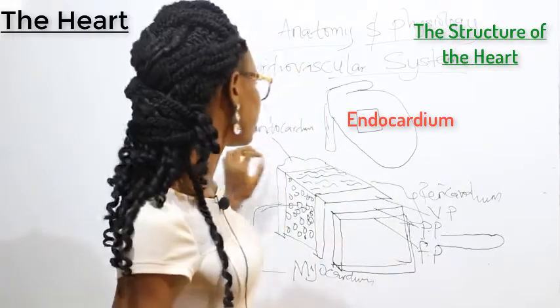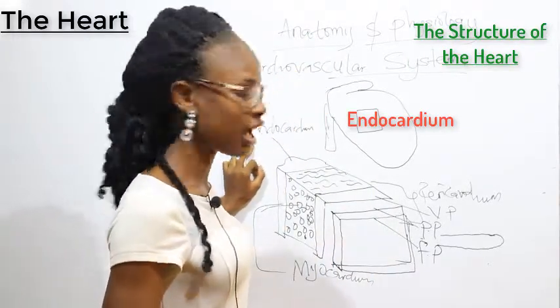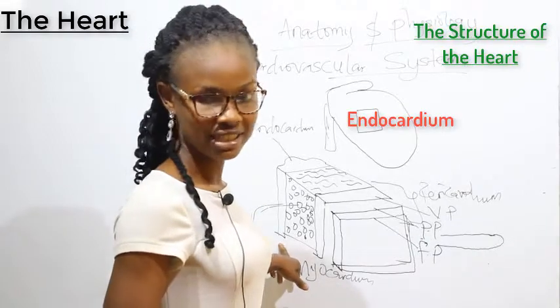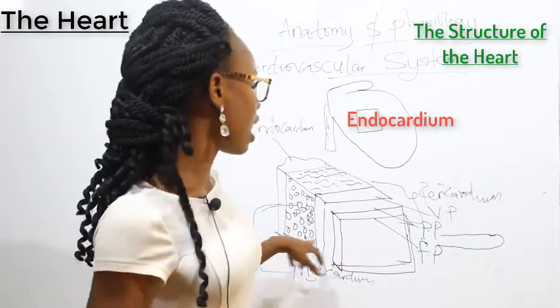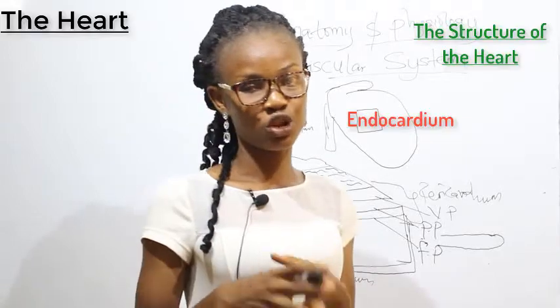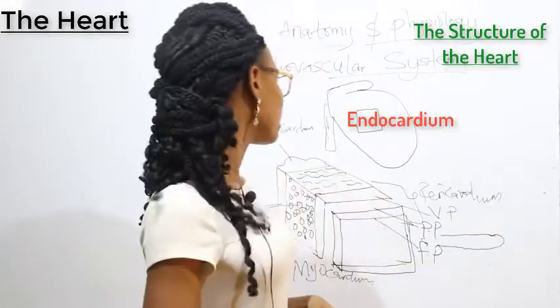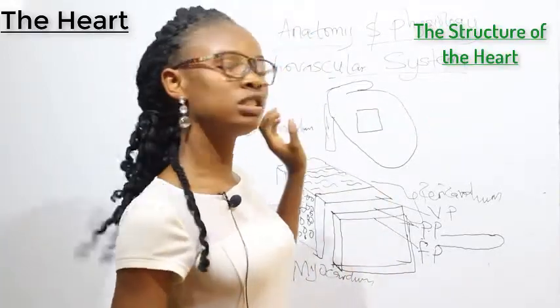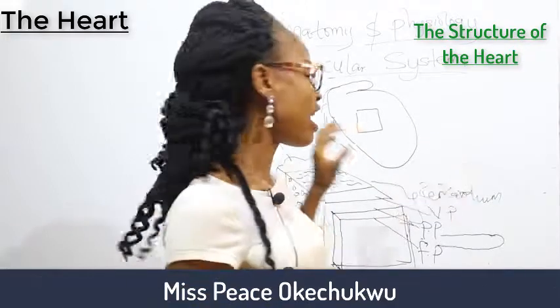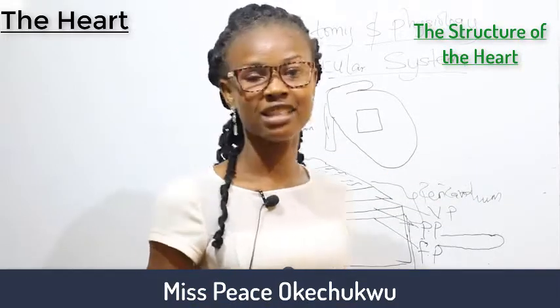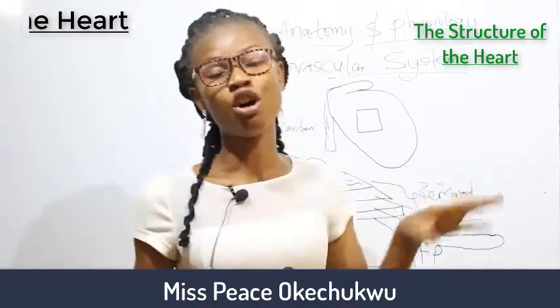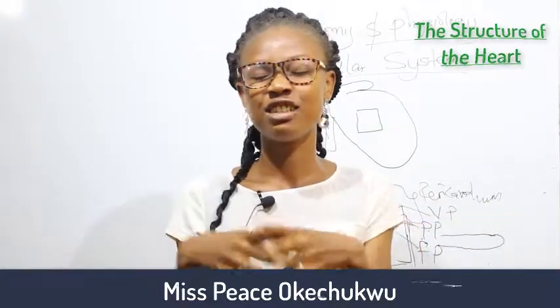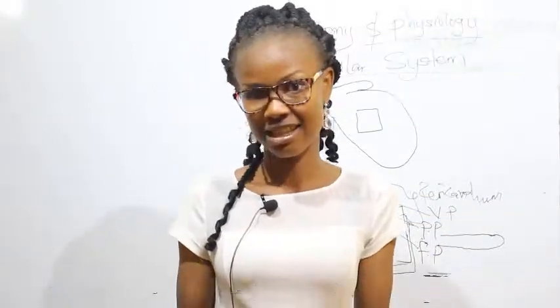So this helps in protecting the inside layer of the heart. This helps in contracting the heart, the pumping of the heart, and reducing friction. So that's it with the positioning of the heart and the structure of the heart externally. Next, we'll be looking at the interior part of the heart. Thank you.